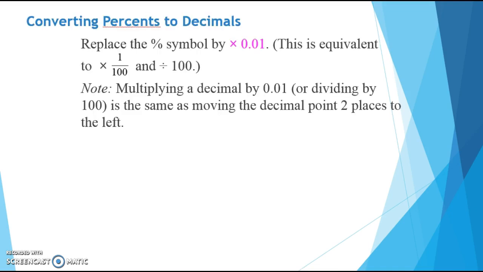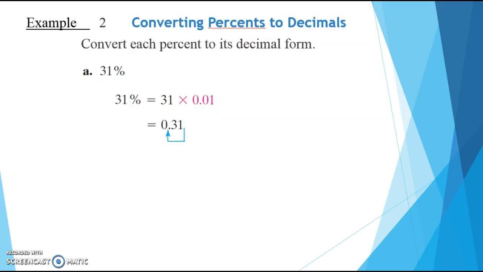The next thing is, how do you change percents to decimals? So when we're changing percents to decimals, we're multiplying by 0.01 or dividing by 100. So it's the same as moving the decimal point 2 places to the left. So here's an example. 31% is going to be 0.31. We just move the decimal 2 places to the left. 6.5%, notice the decimal point is in between, so we're going to move it 2 to the left.